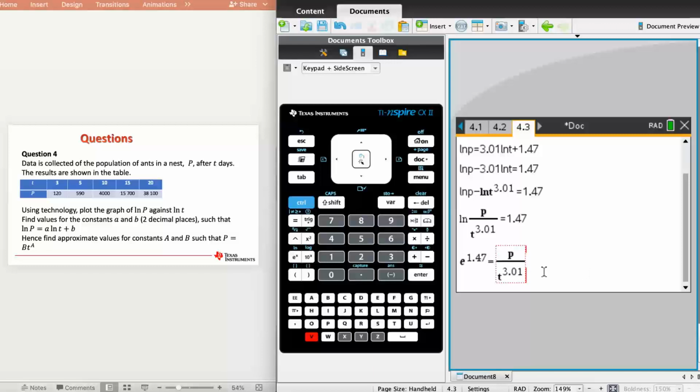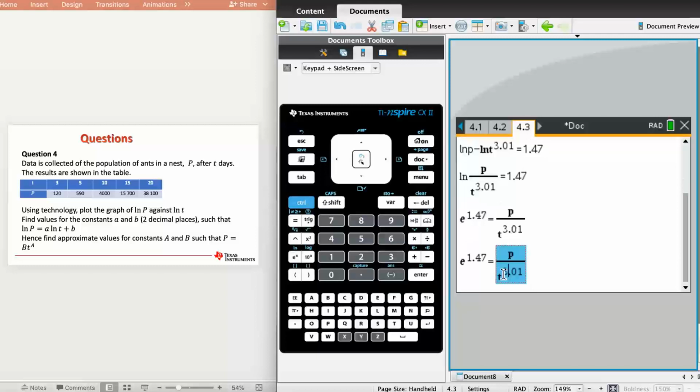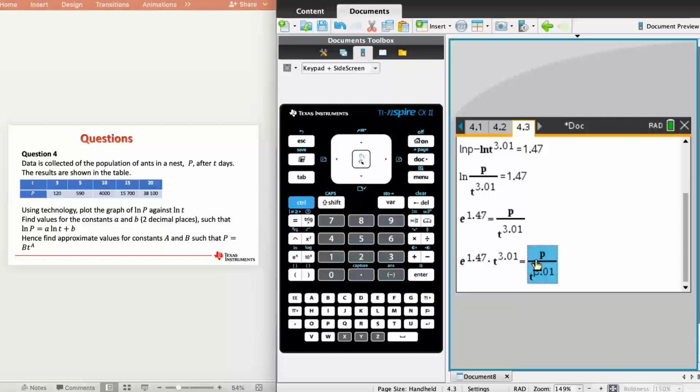To solve for p, multiply both sides by t to the 3.01. Right, so here I've got multiplied by, and this is now simply p.